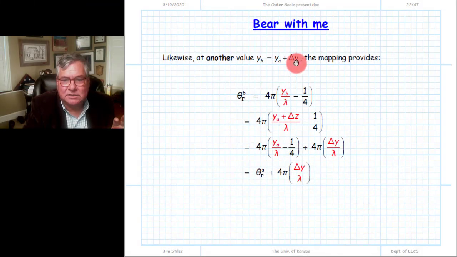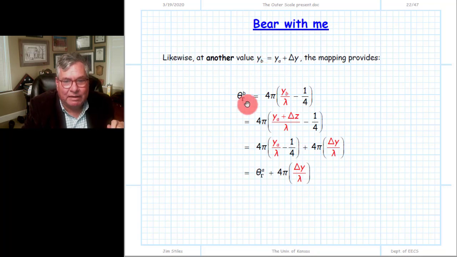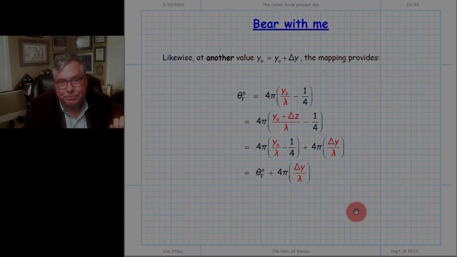So let's move a distance delta y down our transmission line to a new location we'll call y sub b, and we'll evaluate the reflection coefficient there based on our mapping between y and theta, and we get this result here. Notice we have the original value of theta plus 4 pi times delta y over lambda, and this should look familiar to you.